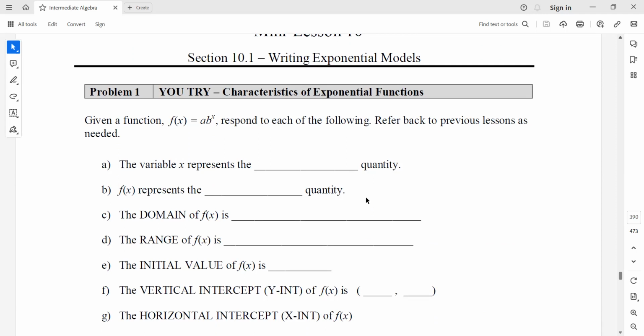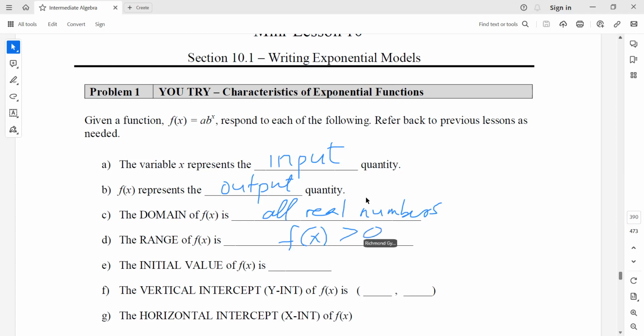A, the variable x represents the input. f of x, of course, represents the output. The domain of f of x is all real numbers. The range is f of x is greater than 0.